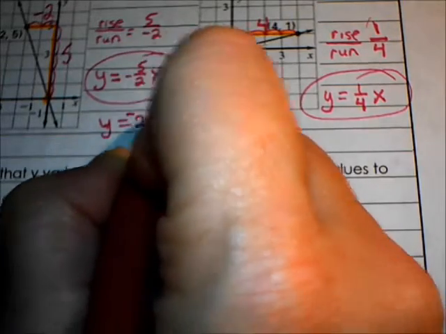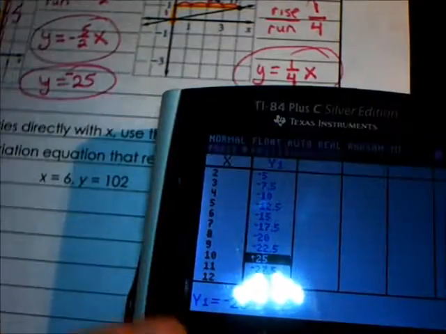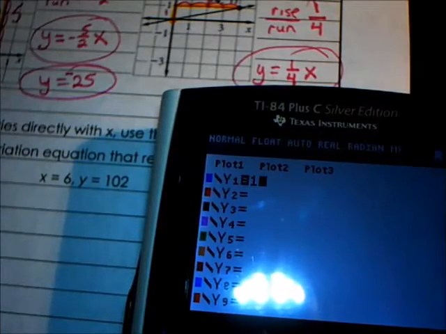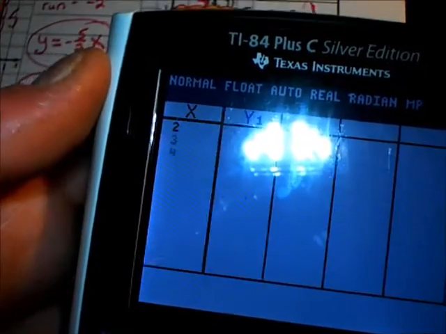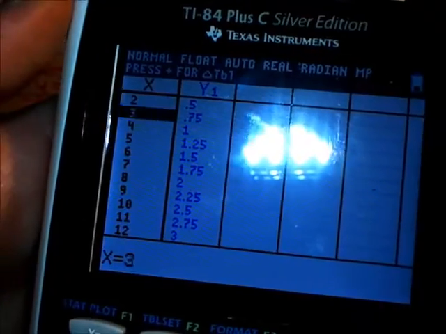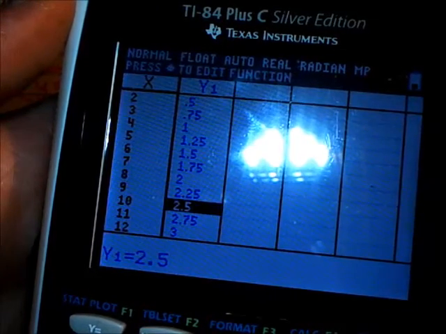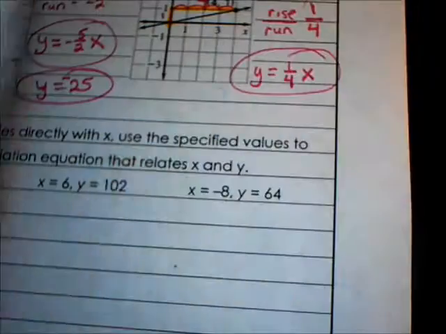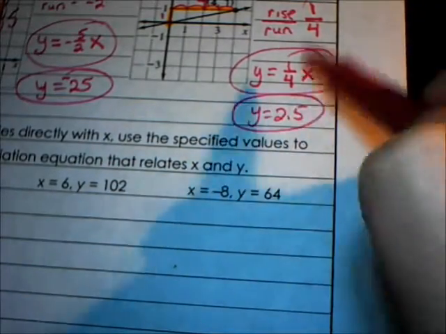If I go to the second one, y equals, clear it out, 1 divided by 4x. Okay. So when x is 10, the y value is 2.5. So there's my two answers.